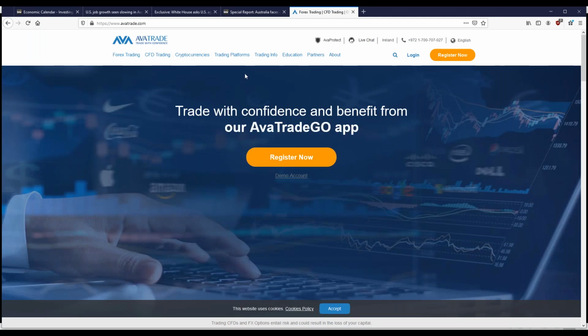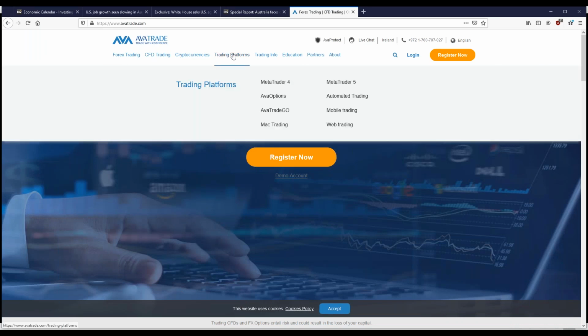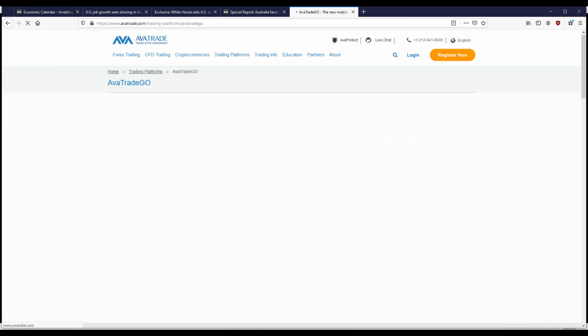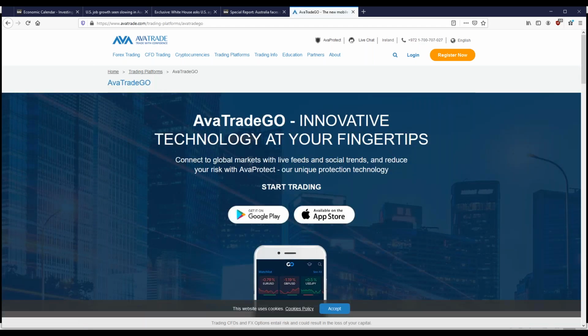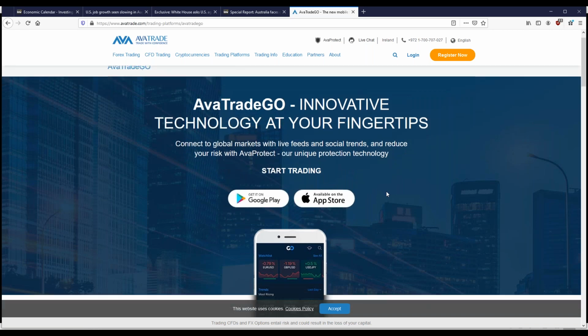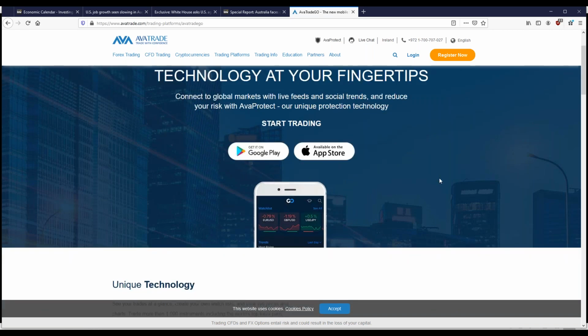So if you did want to make use of the risk management tools that are found on the AvaTrade Go mobile app, it doesn't matter if you're trading on the MetaTrader 4 platform or the MetaTrader 5 platform, you can use the AvaTrade Go mobile app to access both platforms from your mobile devices. And so it's in both the Apple App Store and the Google Play App Store.